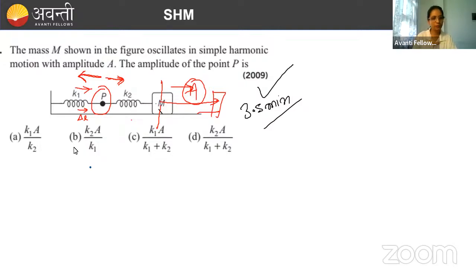Come on, quickly tell me what it is. These two springs are in series or parallel? End to end connected. They are in series, right? And in series, what things remain constant throughout? Displacement is not remaining constant now. Yes.